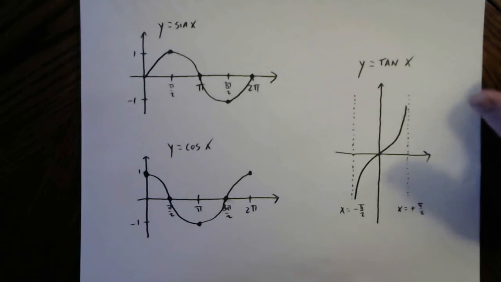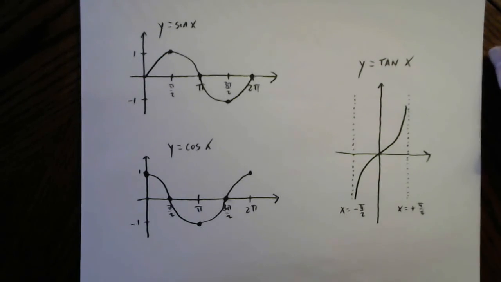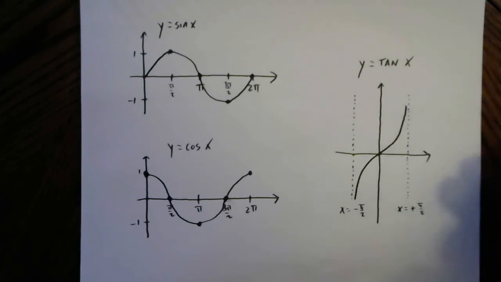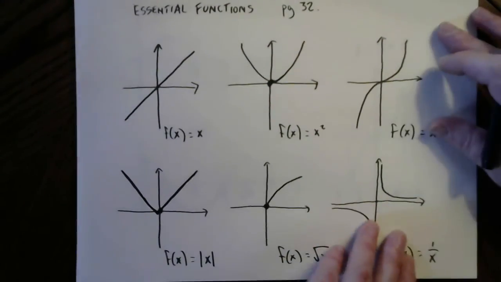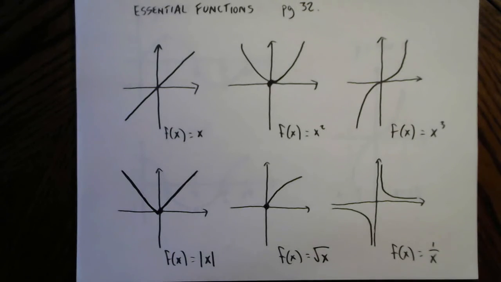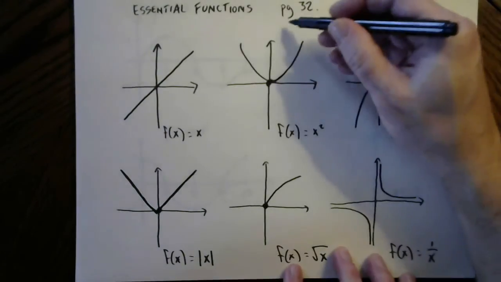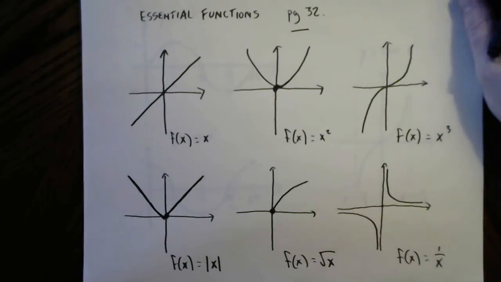So the job that you have in regards to this section is that the 9 sketches here are committed to memory. Page 32 has the same, and it actually has more, so if you want to take a look at that, for what it's worth.